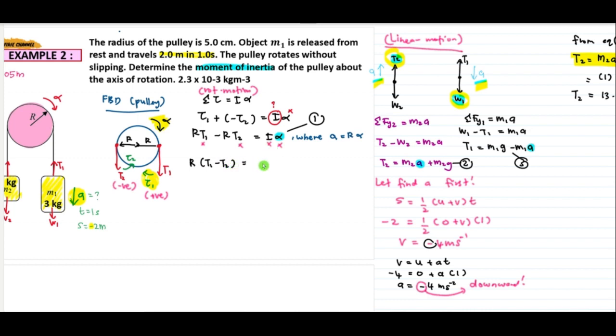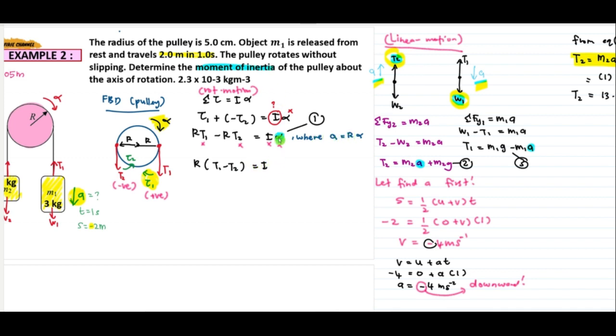Okay, so I kita nak cari. And alpha, kita tak ada nilai alpha, kita hanya ada nilai A. Alright, so now let's substitute the value of T1 and T2 in equation 1. So we have R, so kita factorizekan T1 minus T2 equal to I alpha.